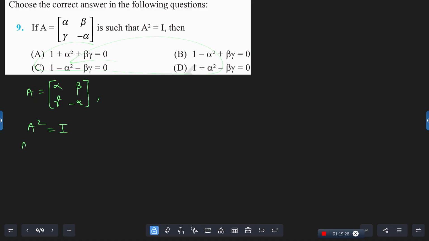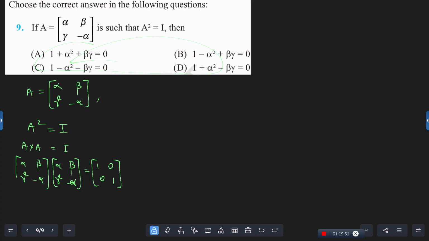So A square, now we know that is A into A. I means identity matrix. So matrix A is alpha, beta, gamma, minus alpha, and in the same manner alpha, beta, gamma, minus alpha equal to I. I means 1, 0, 0, 1.